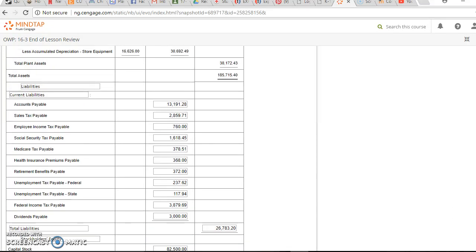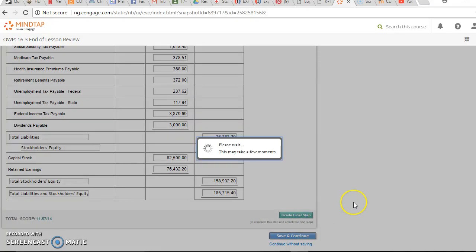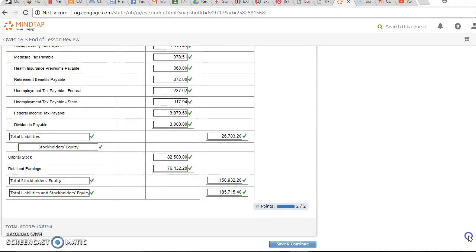And when I add those two up, I get the same number, so we're in good shape. So 185,715.40. Let's see if we did that one right. And we did that exactly right.